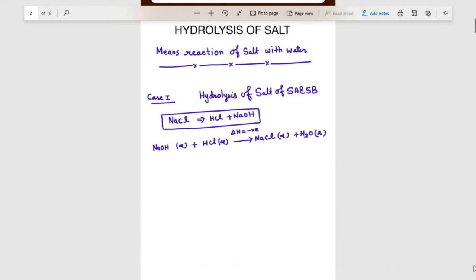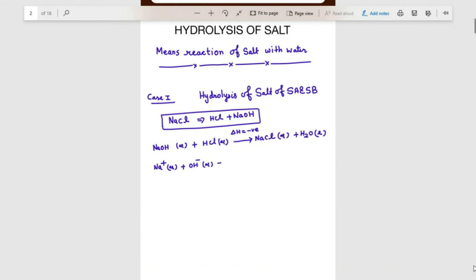So when we are studying hydrolysis, it is the reverse of the neutralization reaction between acid and base. When I'm talking about the above reaction, if I simplify, we know that NaOH is a strong base. So in the solution, it is existing in the form of Na plus ion and OH minus ion.